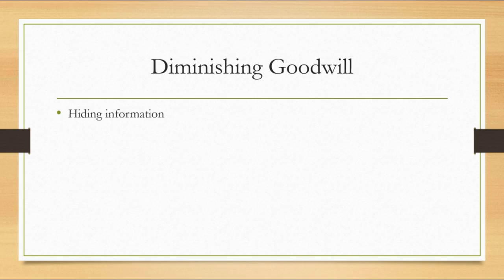All right, so what diminishes goodwill? Hiding information. You ever notice how companies try to get you to not call them? If I have problems, sometimes I just pick up the phone and talk to somebody because maybe my situation is unique. It doesn't fit in with your company's cookie cutter approach.